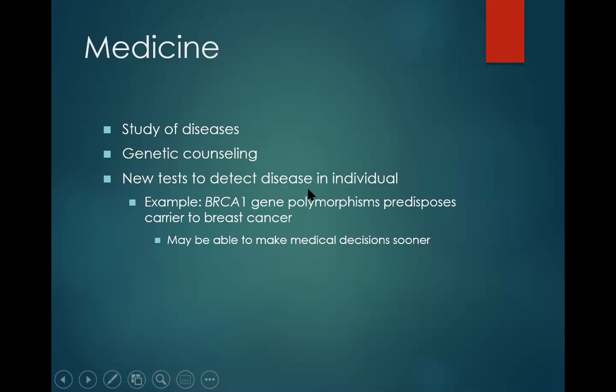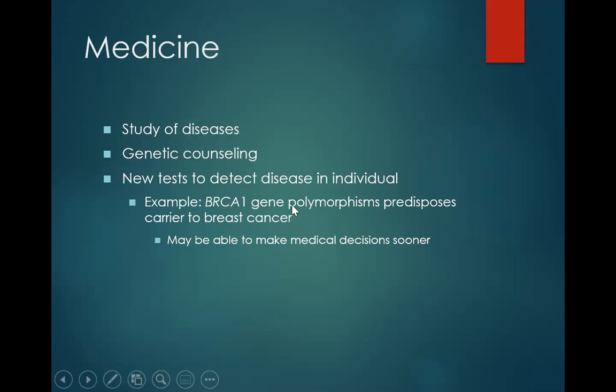One place that it's used is some people have an allele of BRCA. BRCA is a gene that is found in breast cancer. BRCA is a gene that everybody has, right? But some people have polymorphisms in one allele of their BRCA gene or two alleles of the BRCA gene. And if you have these polymorphisms, it predisposes you to breast cancer, okay?